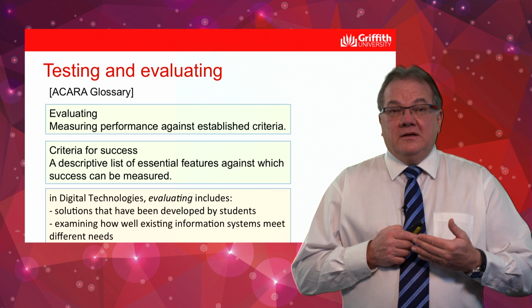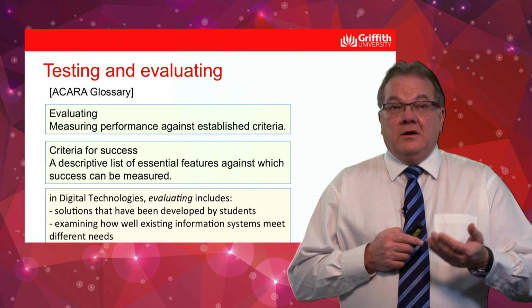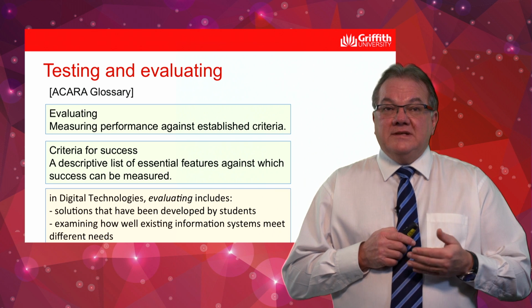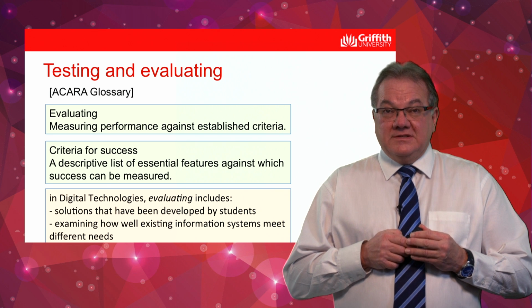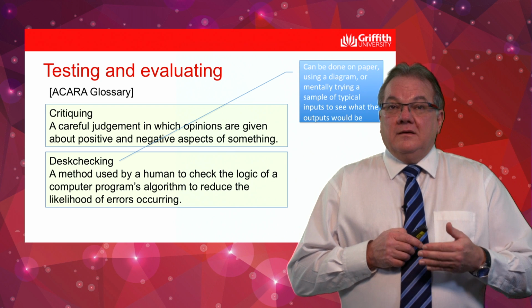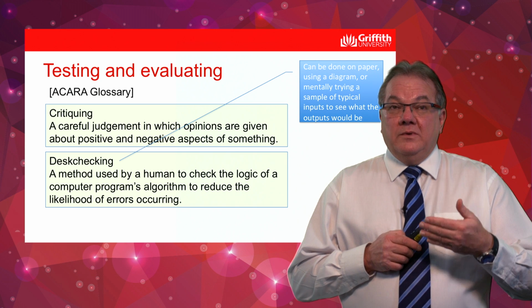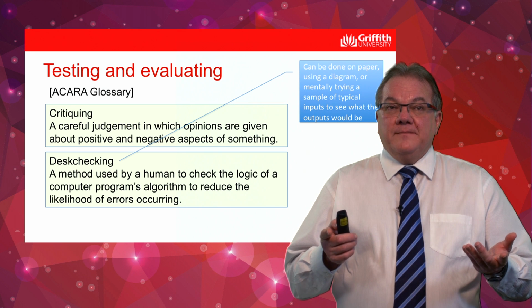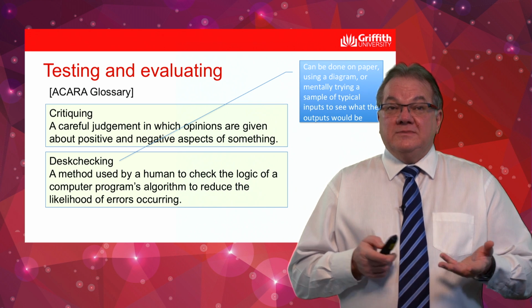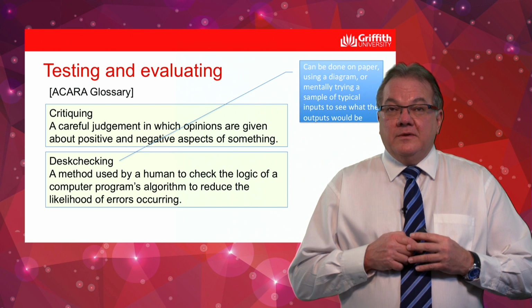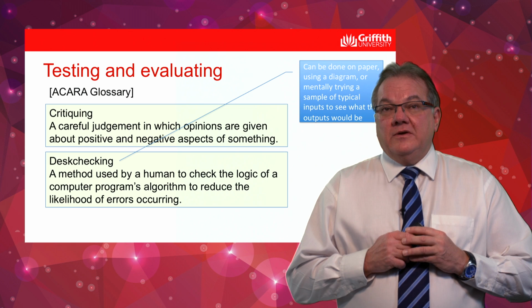And in digital technologies, evaluating might include solutions that have been developed by students, and it might include examining how well existing information systems meet different needs. Critiquing refers to a careful judgment in which opinions are given about positive and negative aspects of something, and desk checking is a method used by a human to check the logic of a computer program's algorithm to reduce the likelihood of errors occurring.